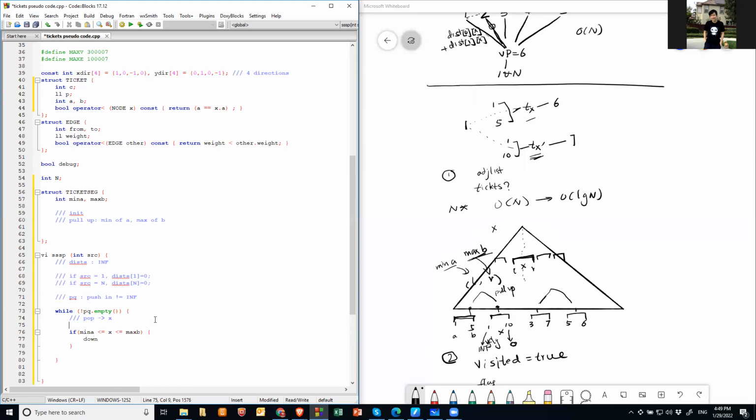And of course, I need to do something. If it's leaf, then you... actually, I was not doing it. Then you need to first find the leaves.